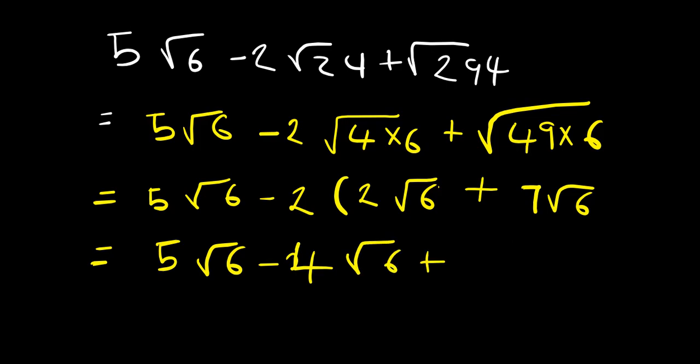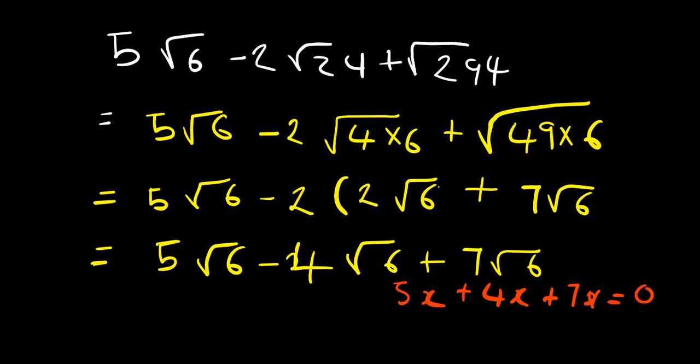plus 7 root 6. Now you remember that if you've got numbers like 5x plus 4x plus 7x, these are like terms, because all of them have got x.